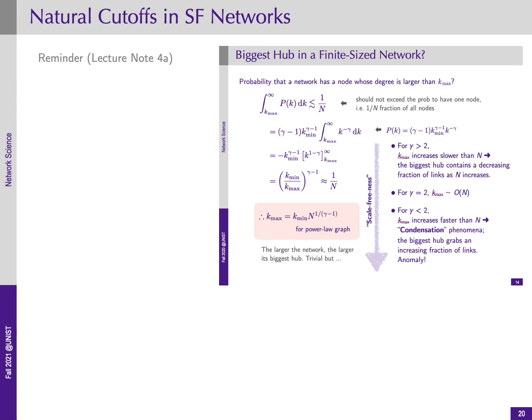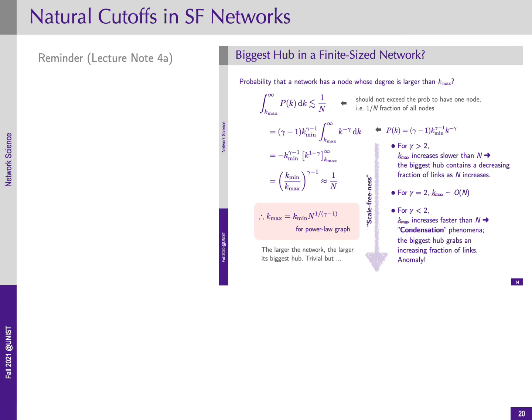Now we recall the previous lecture on the natural cutoffs in scale-free networks. If you remind yourself of lecture note 4A, simply starting from the requirement that the fraction of the highest degree node should be of order 1 over N. So that is almost a defining relation.